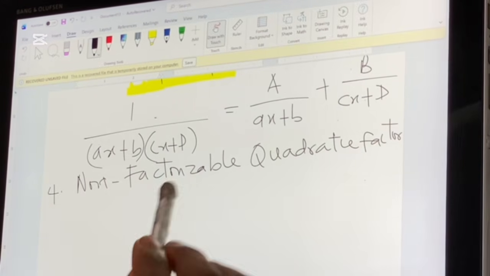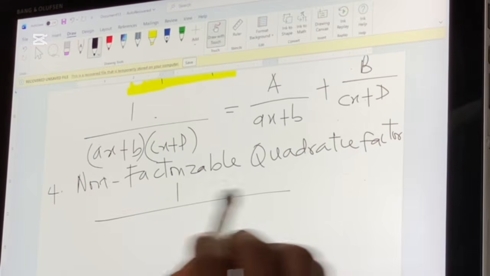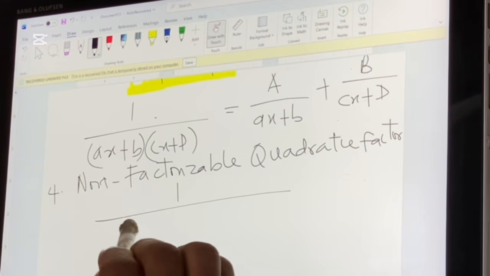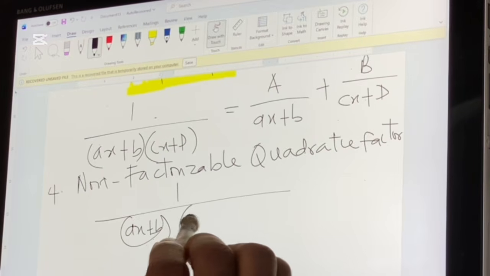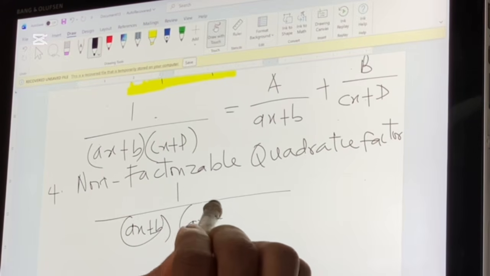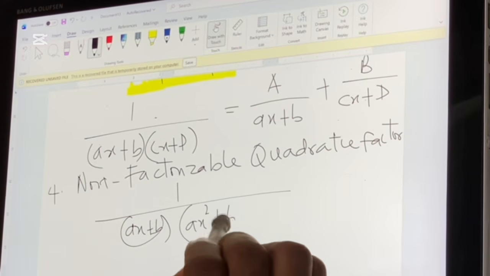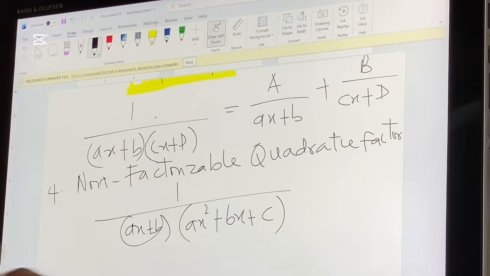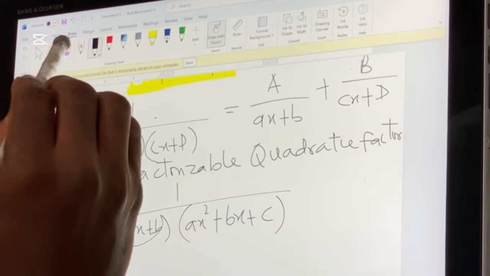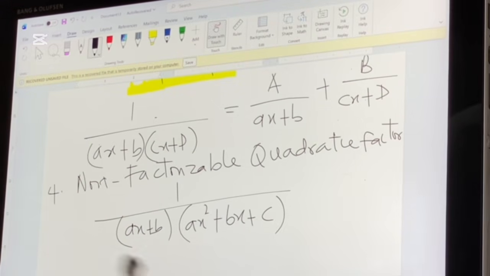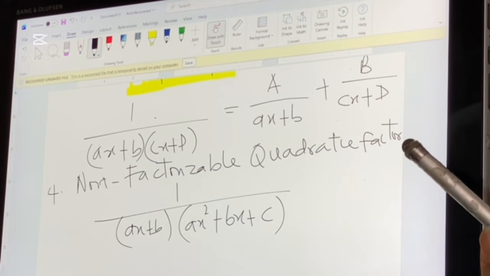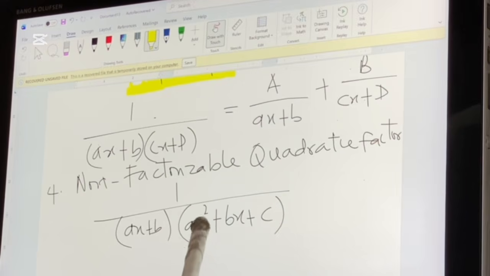So if you have something like this, class, you have 1 over (as plus b) into (as squared plus bs plus c). Class, listen to me. If you look into this, this part here is quadratic, this part here is linear.